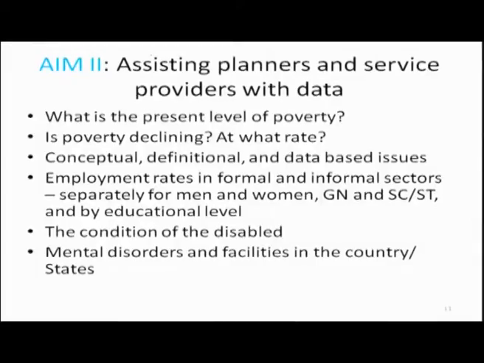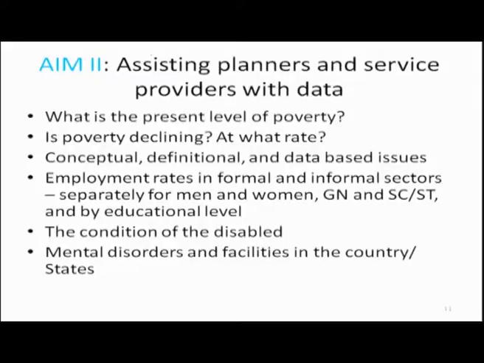Another aim of research is assisting planners and service providers with data, like the example of population I have given. The questions posed before such researchers are: what is the present level of poverty? Is poverty declining or increasing? At what rate? This also involves conceptual, definitional and data based issues. When you collect data on something, you have to operationalize it, you have to measure it.